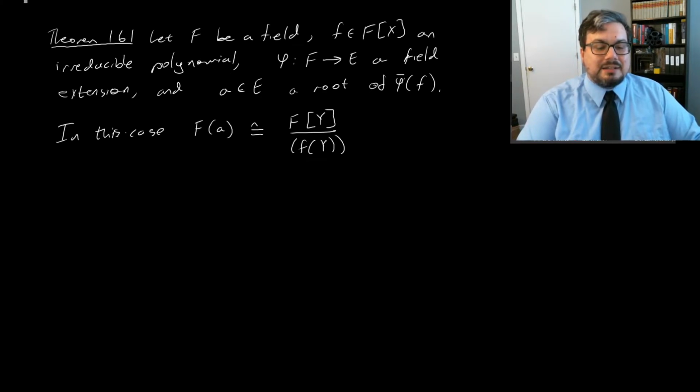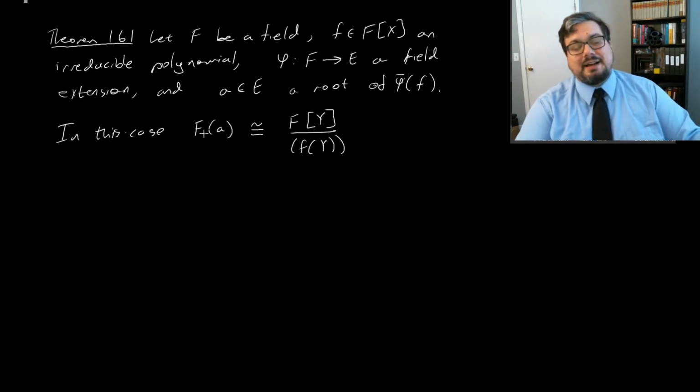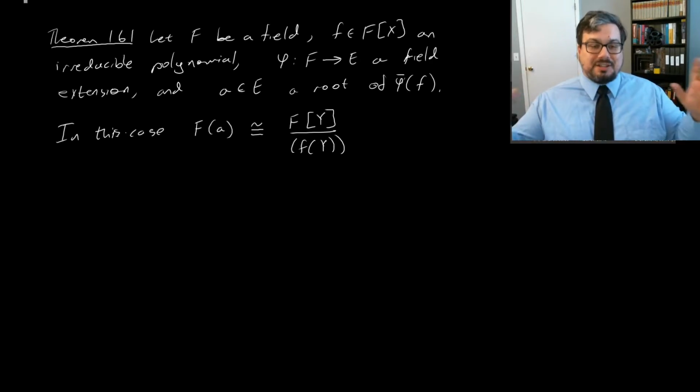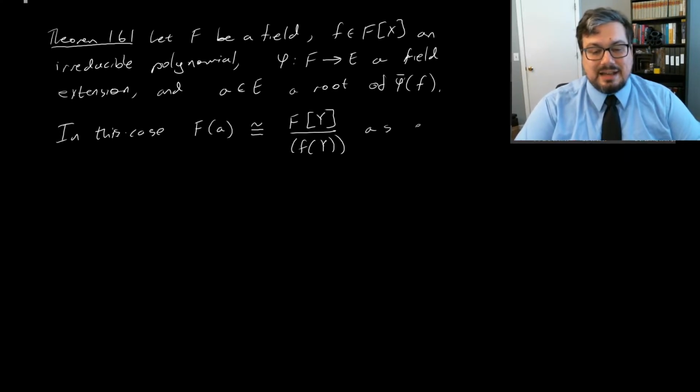And in fact, these are isomorphic. No matter what E we start with, the two ways of constructing the smallest field containing a root of little f give you the same thing. So these are isomorphic as F extension fields.